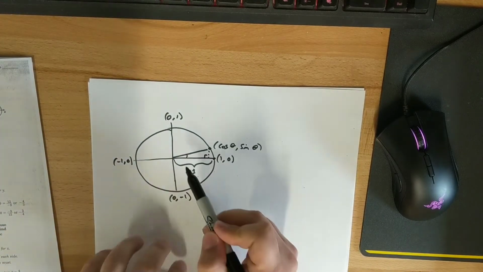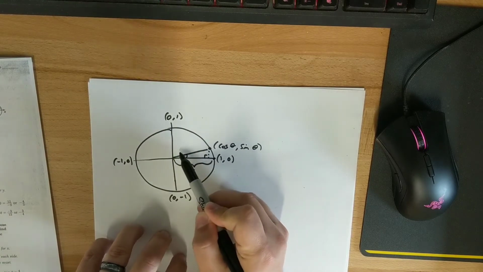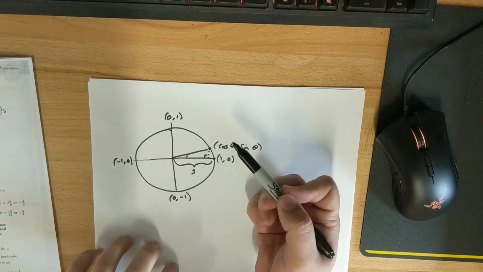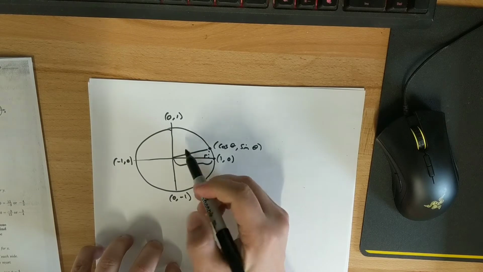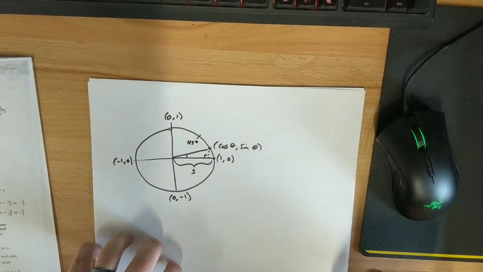The idea here is that we can subdivide and use some special right triangles to figure out some of the other details. For example, if I cut this directly at a 45-degree angle, we'll say this is 45 degrees.